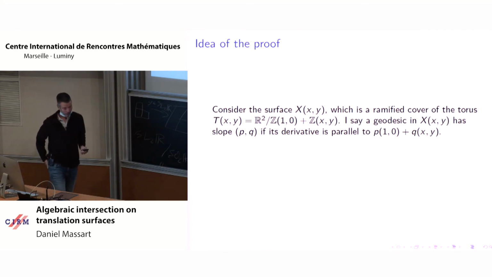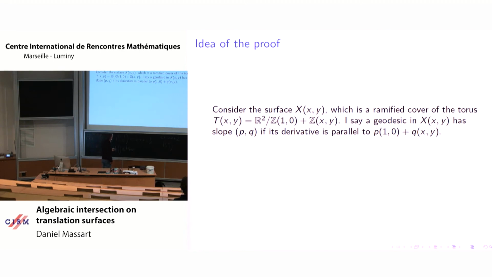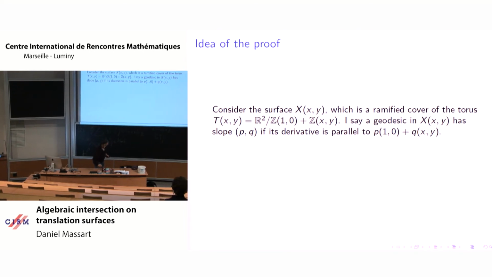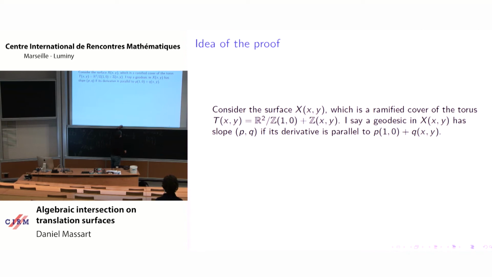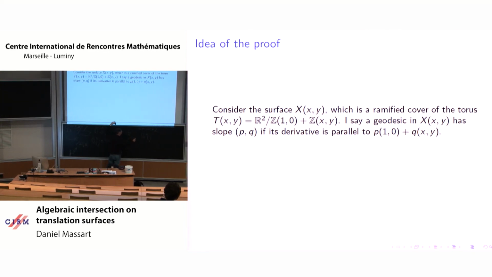So again, some notation. I'm going to call T of xy the torus, which is the quotient of R2 by the lattice with one unit vector and the vector xy.